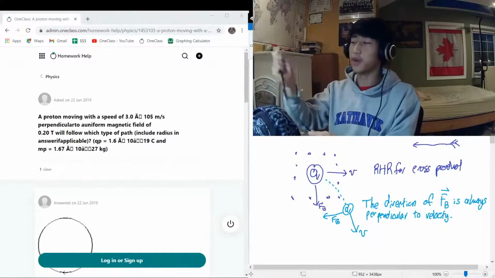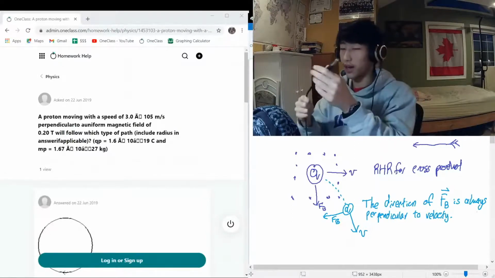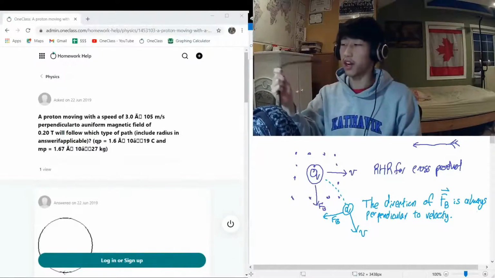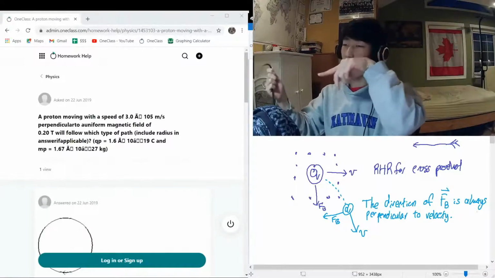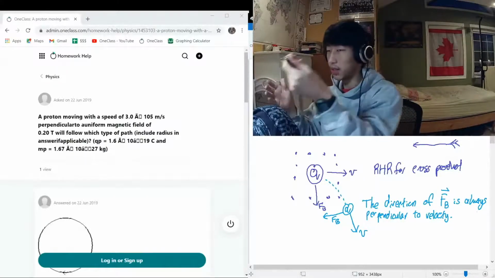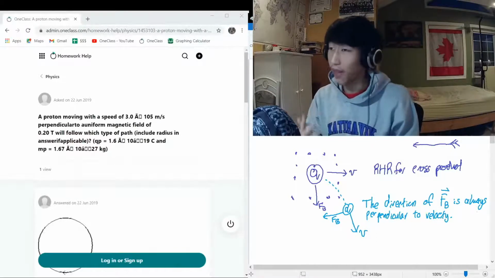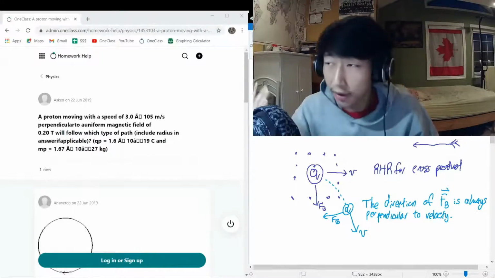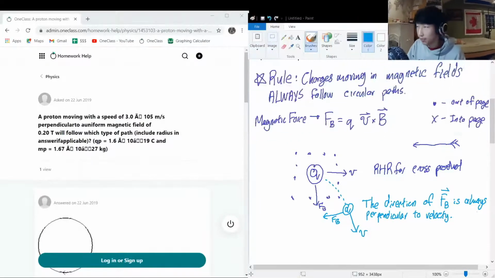If I'm spinning it around here like this, you can see that the tip itself is always going the same speed as it's flying around, but the force is going towards the center of the spin to make sure that this is not flying away. And if I were to suddenly let go of this, it would just keep flying in a tangential path, because once I let go, there's no more centripetal force. And that's what this magnetic force is acting as. The magnetic force is acting as a centripetal force. Let me write that in to make that super clear.